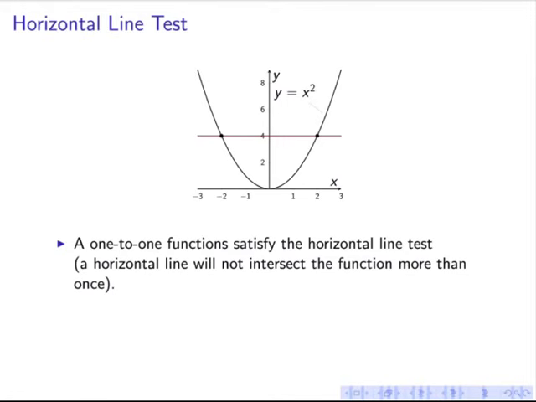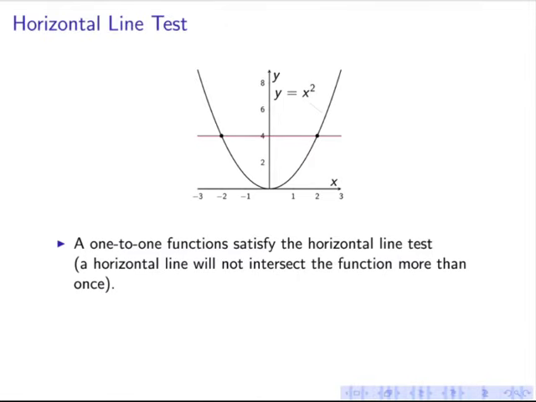We can identify those with a horizontal line test. So we draw a horizontal line which crosses a function, and if it never crosses a function twice, or more often than twice, if it only crosses a function once, then the function satisfies the horizontal line test, and it is a one-to-one function.